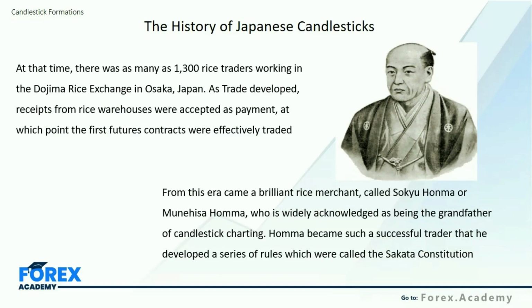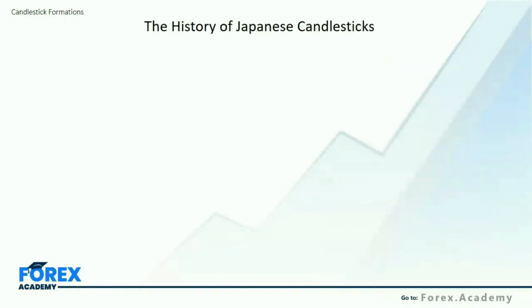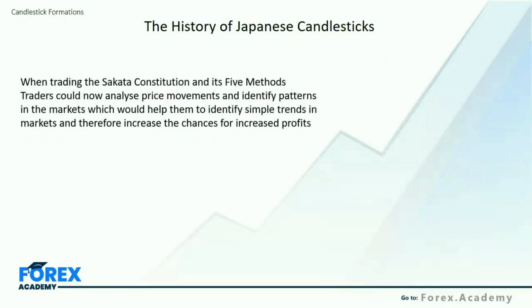He became such a successful trader that he developed a series of rules called the Sakata Constitution. Many traders followed it and its 5 methods, which allowed them to analyze price movements and identify patterns which exist in the financial markets, or in the market of the rice exchange.